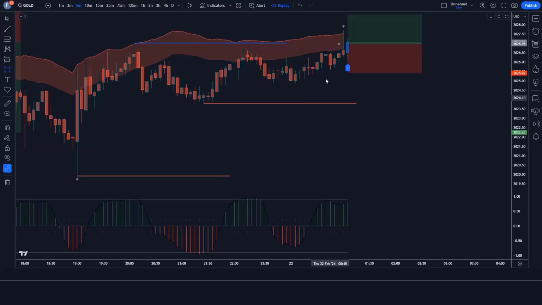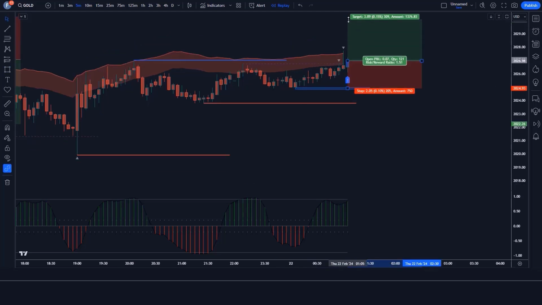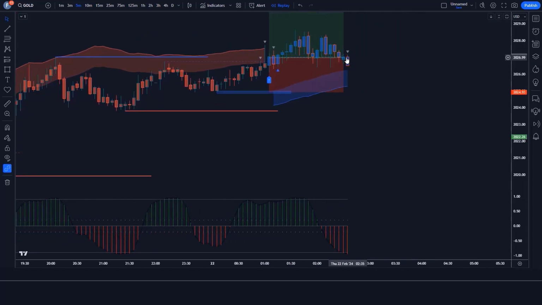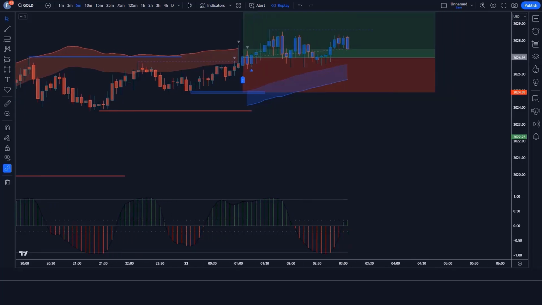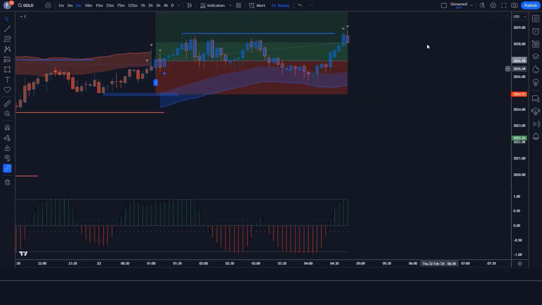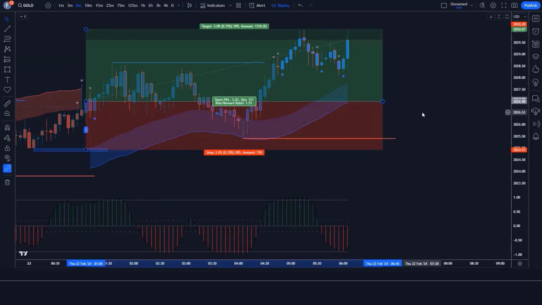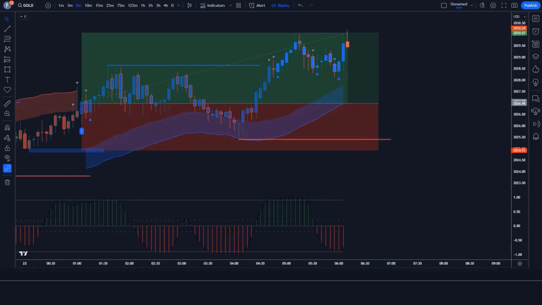Our stop loss is to be placed at the previous low of the market, and the risk to reward ratio will be 1:1.5. The market has completely hit the target.